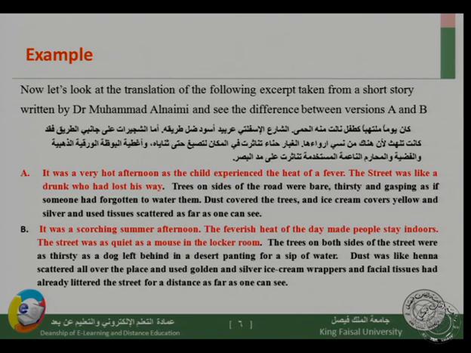Now look at the red here. The student translated the first line as: it was a very hot afternoon as the child experienced the heat of a fever. Let's take only this bit: كان يوما ملتهبا كطفل نالت منه الحمى.